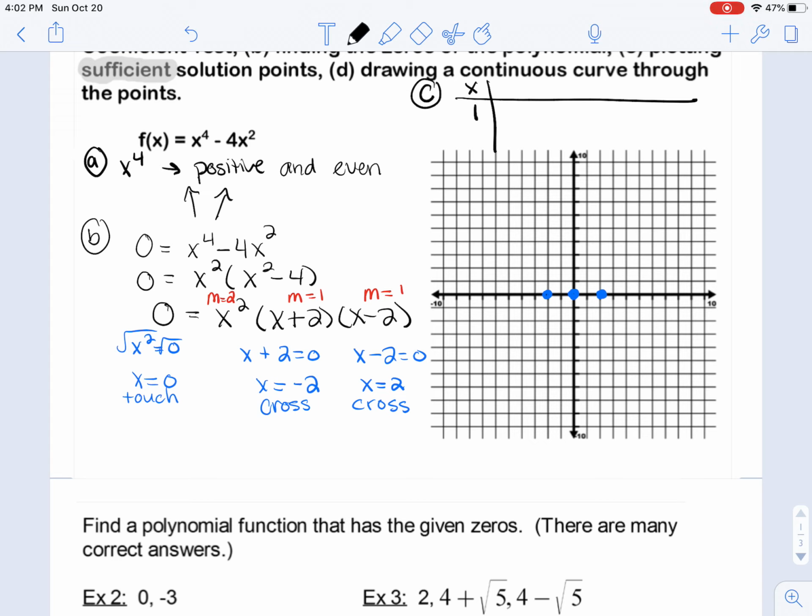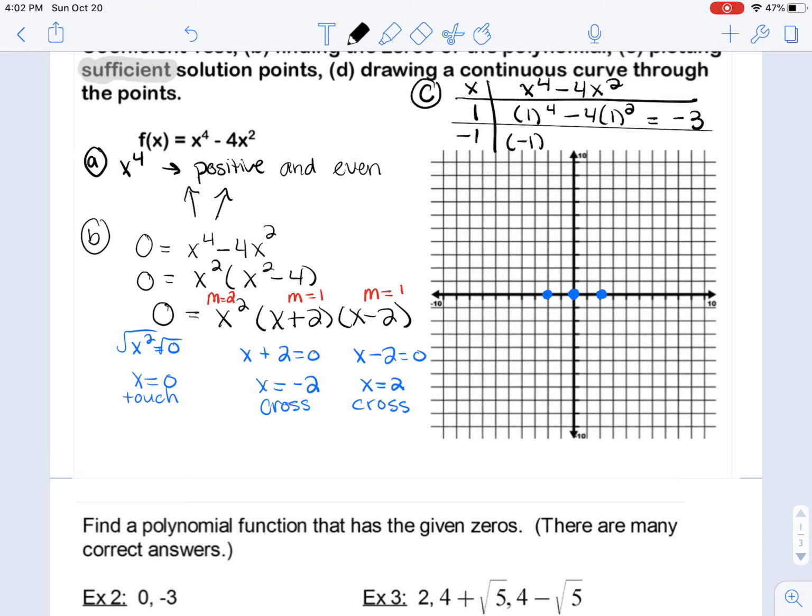So if I plug in positive 1 into my function here, I would get 1 to the 4th minus 4 times 1 squared. So then that would equal negative 3. And let's do the same thing with negative 1.